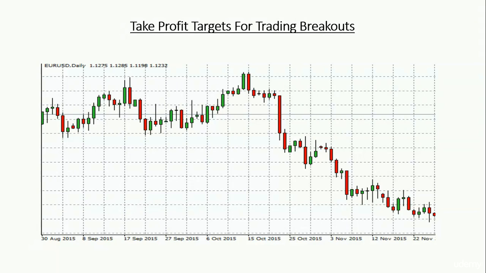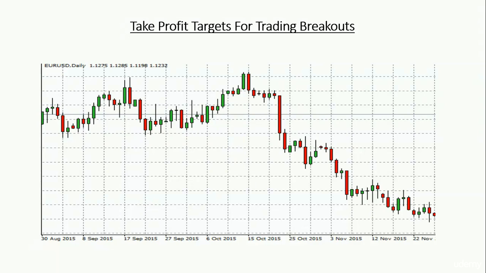To avoid this mistake, your profit-taking target must be based on some resistance level. It could be a measured move like the distance between the top and the bottom of the broken trading range. It could also be a trend line, or a previous high in case of uptrends or a previous low in case of downtrends.